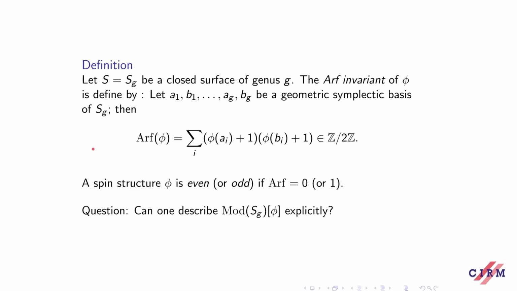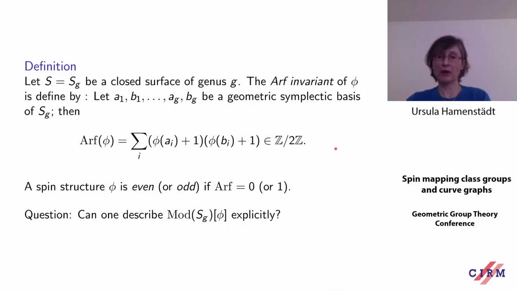Now, what one has to verify is that this invariant, which is a number that is either 1 or 0 because we are working in Z mod 2Z, is defined independently of the choice of a geometric symplectic basis. That means if we change to some other geometric symplectic basis, then we obtain the same number.